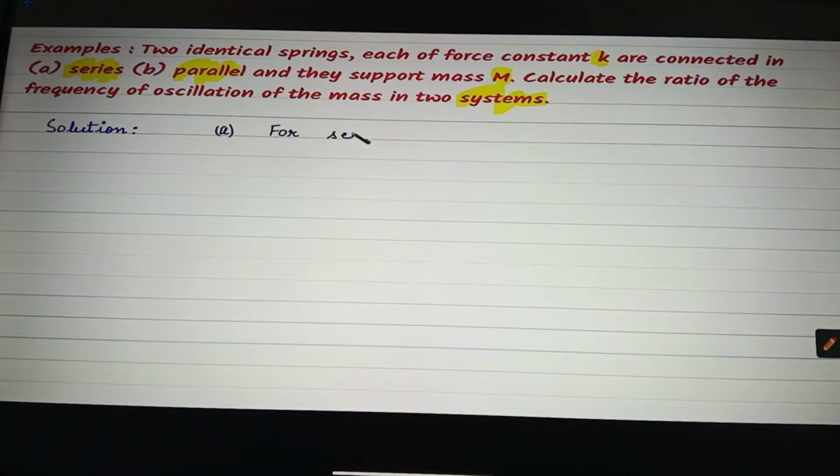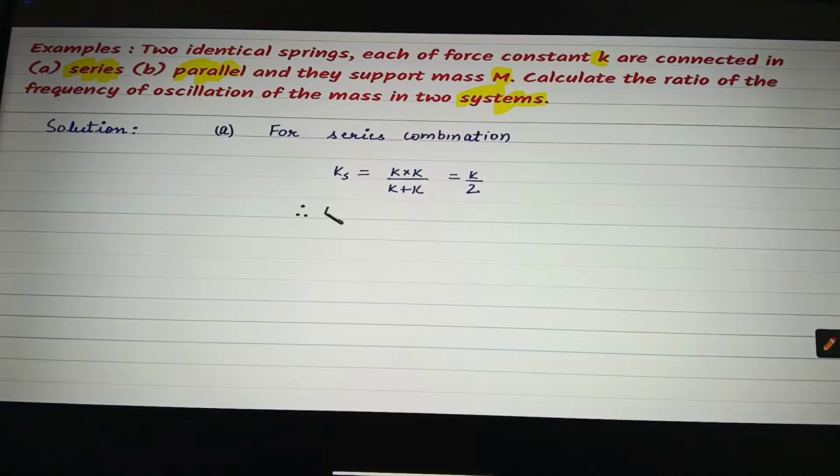For the series combination, Ks, that is the effective force constant, is given by K multiplied by K divided by K plus K. So that will be equal to K by 2.